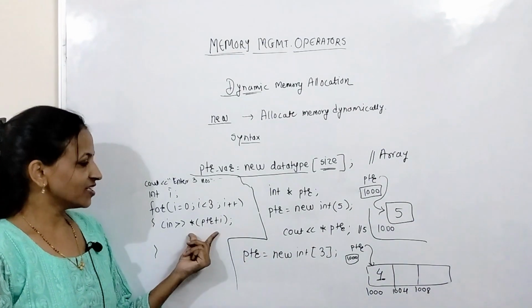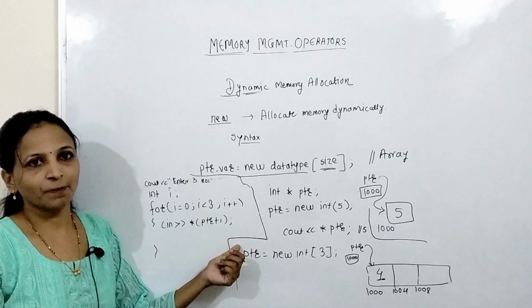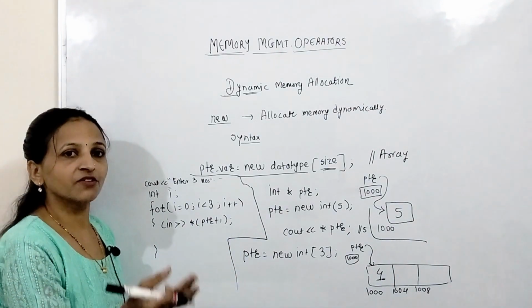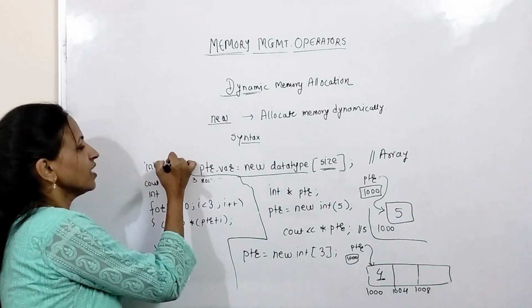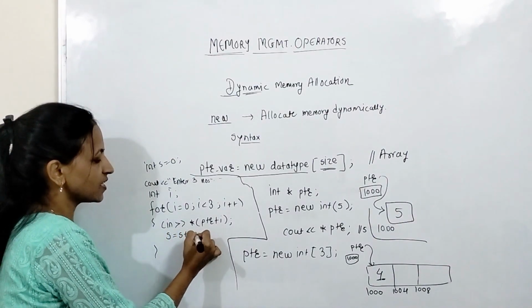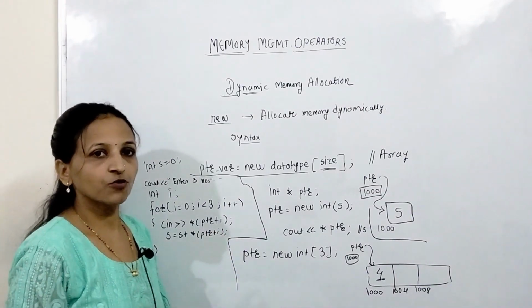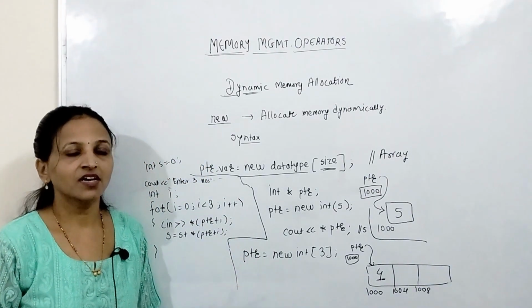Just put a for loop and write cin star PTR plus i. If you want to display, again put a for loop and display that. If you want to do addition, then declare one sum variable, initially 0, and do s equals s plus star ptr plus i. In this way you can use the new operator to allocate space dynamically.